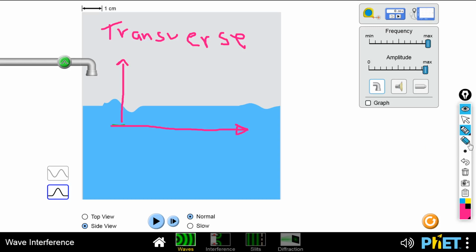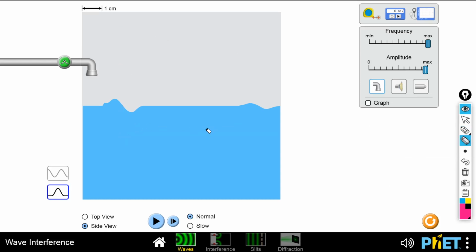Okay, so let's get that out of our way. All right. What are some other things here that we can observe that make a lot of sense? Let's talk about frequency. Let's just let this run on a continual basis.